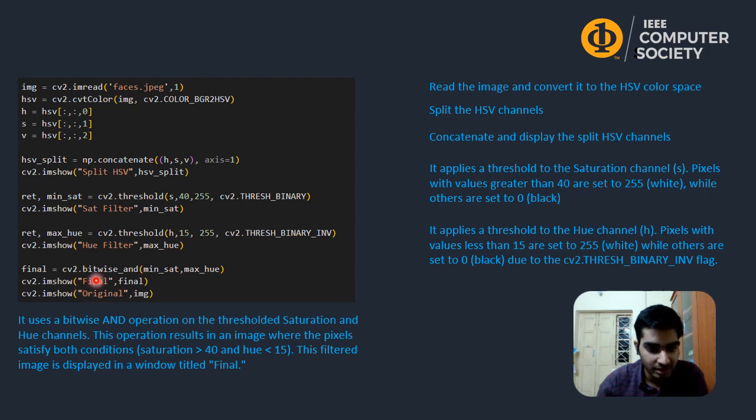So now I am using a bitwise AND operation between the min sat and max hue. This operation results in an image where the pixel satisfies both conditions. That is, the saturation value should be greater than 40 and the hue value should be lesser than 50. So this final image is filtered and it is displayed in a window titled Finer.